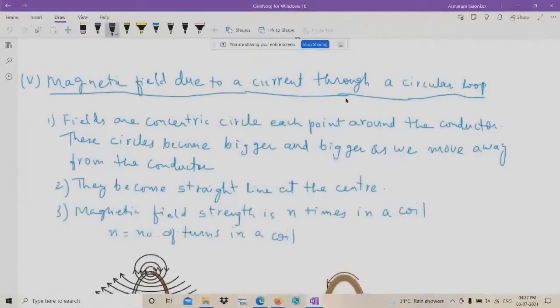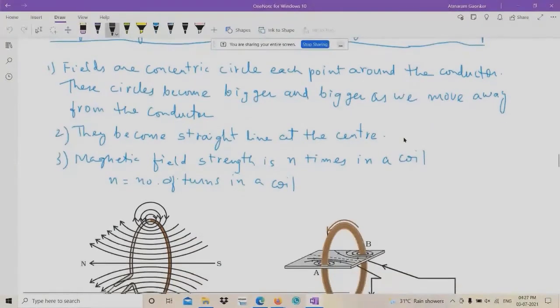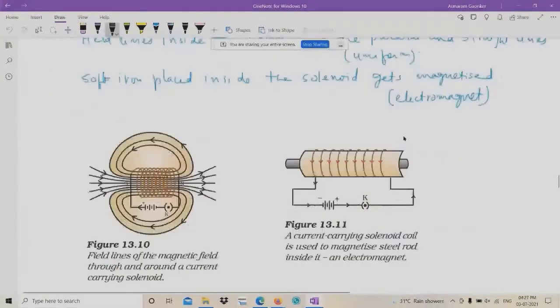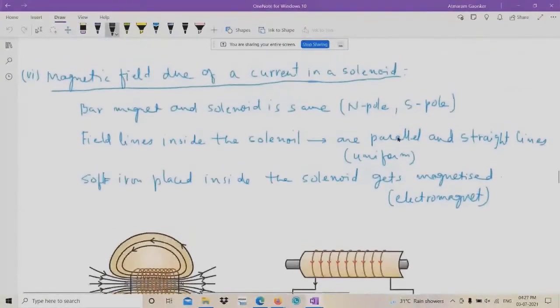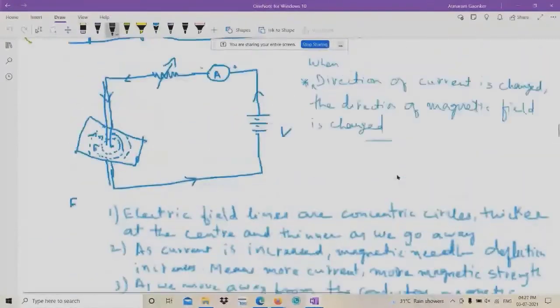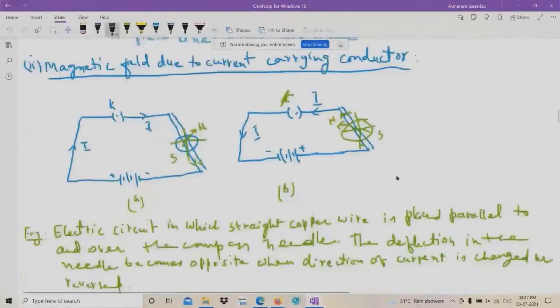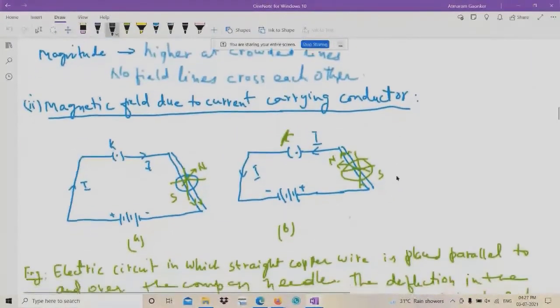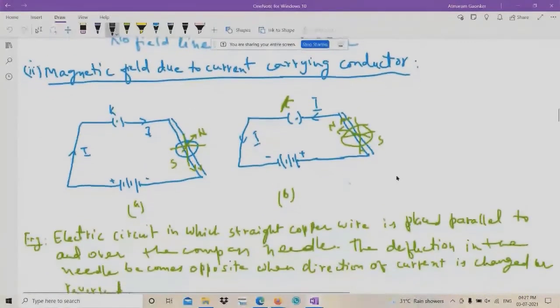Then current through a circular loop, and third, current through a solenoid. These three cases we will discuss, and then we will go back to the questions. So let me start with the first: the magnetic field due to a current carrying conductor.